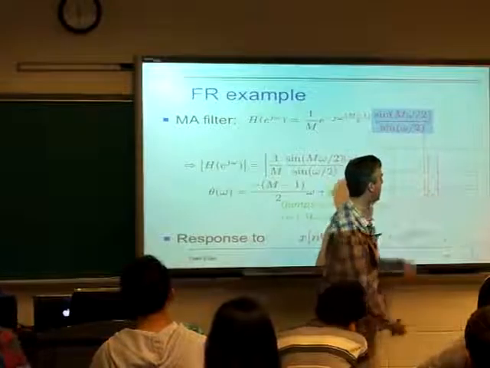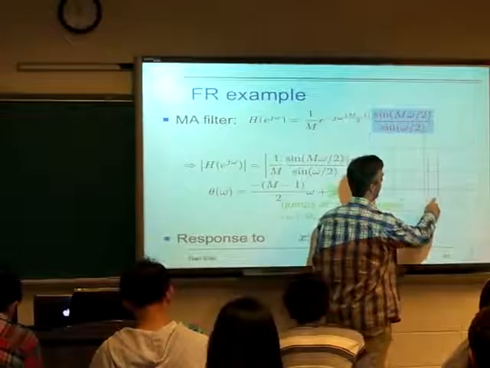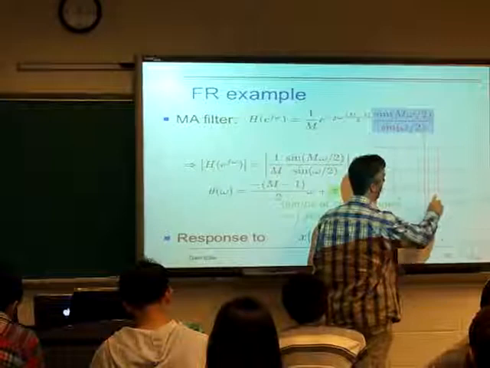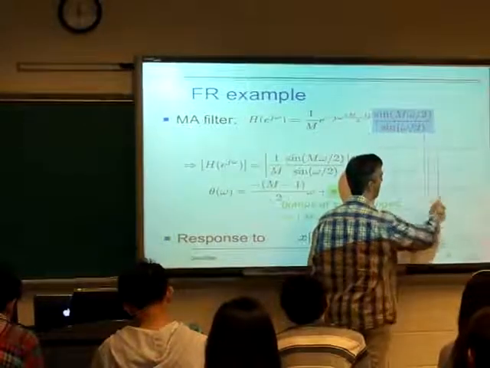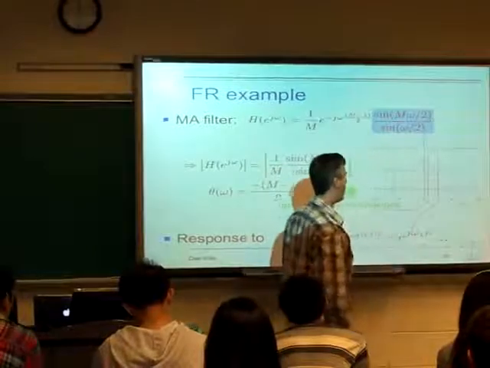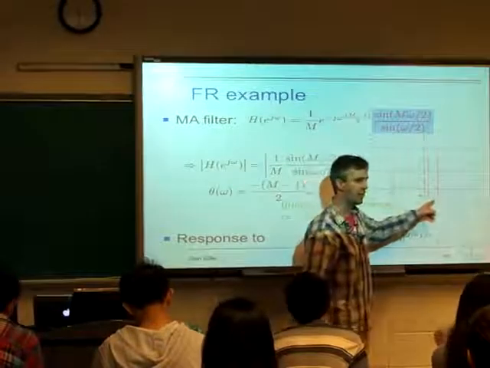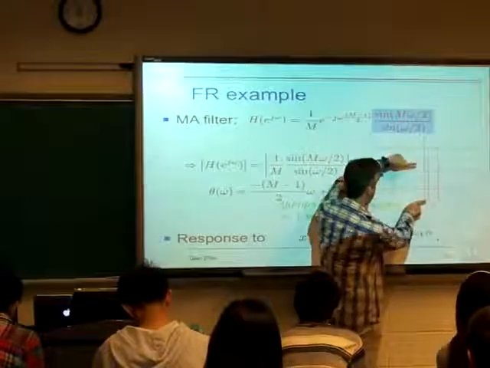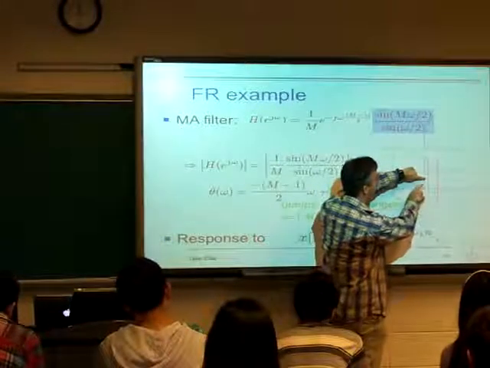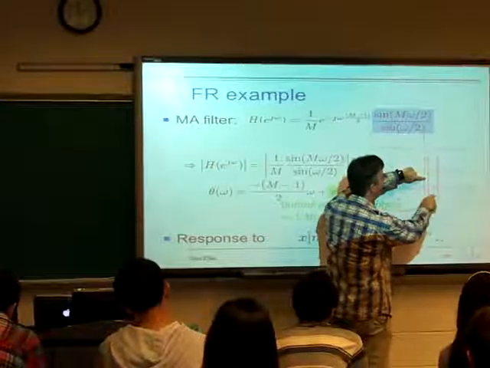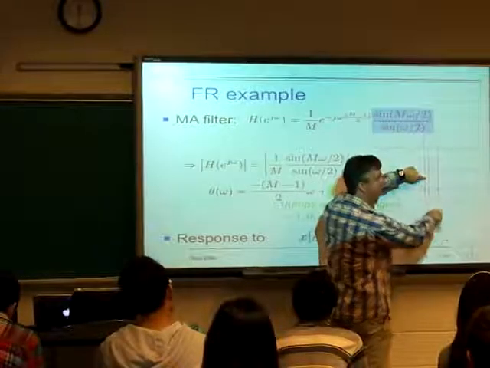So here's the phase function. It's nice and linear, but then every time this goes through 0, it has a jump of pi radians, which gives us this little jagged sawtooth. We often see sawtooths in phase functions because they're limited to the principal values between minus pi and pi. But here, it's not because we're going below negative pi.